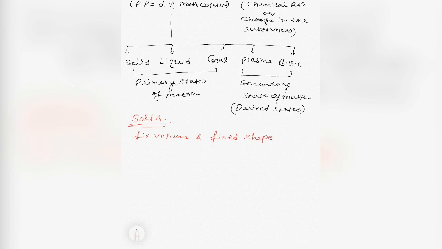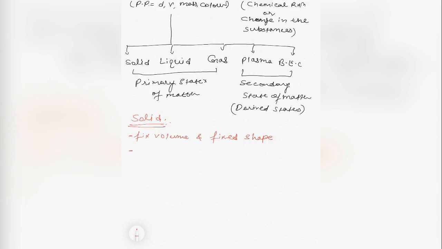We have learned all the properties of solids in our 9th class, topic name Matter in Our Surroundings. I discuss the major points: solids are rigid in nature, and have high density, high interparticle force of attraction, etc.